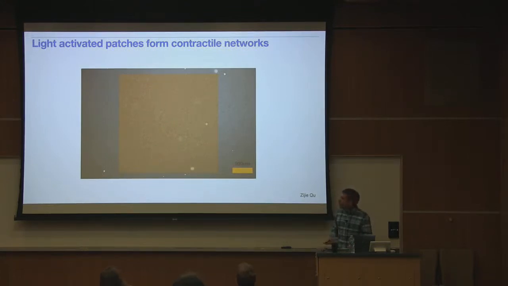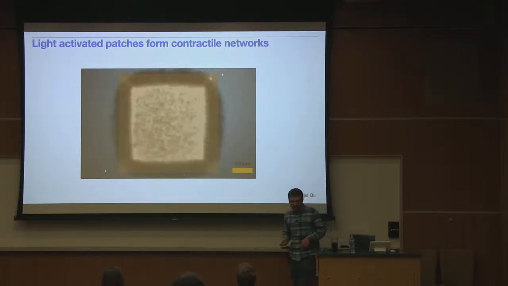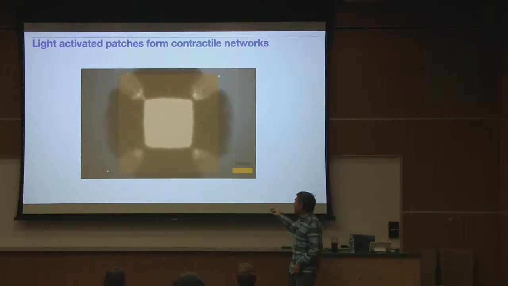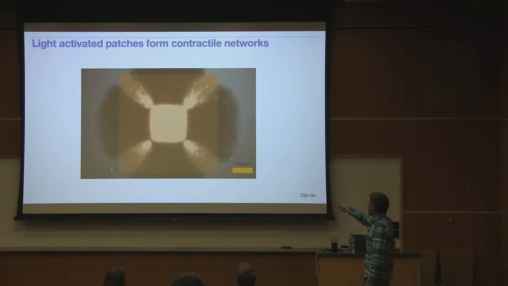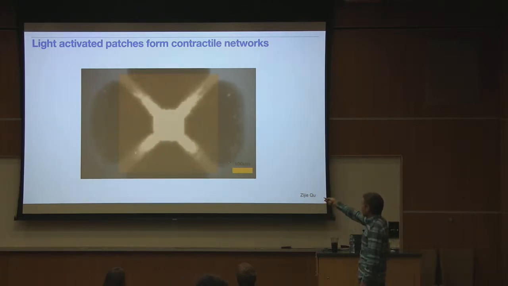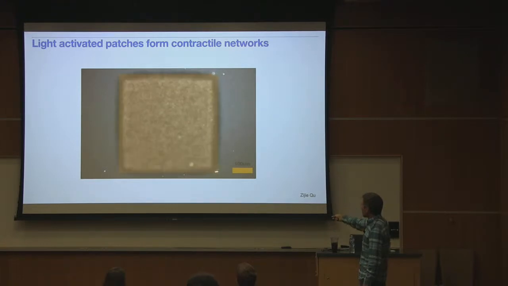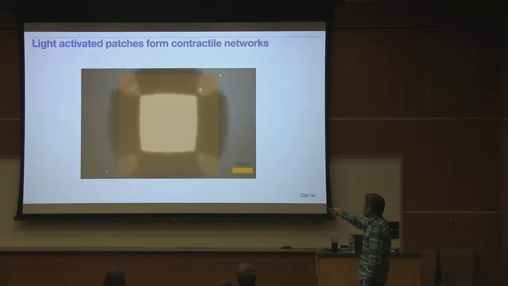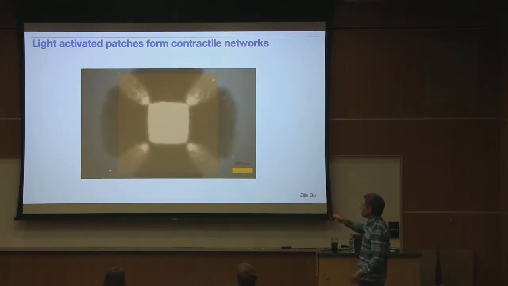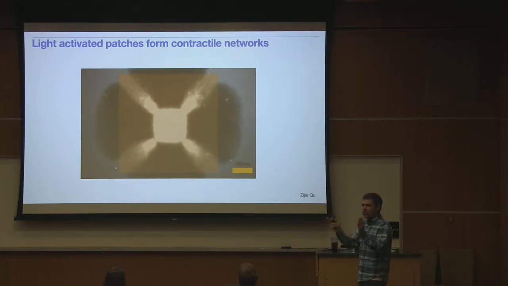Okay, and so what was the problem? The problem with studying this network is, if you take this system, these are labeled microtubules, with motor proteins you don't see, and we're shining a square light pattern on the system. Initially this network forms.